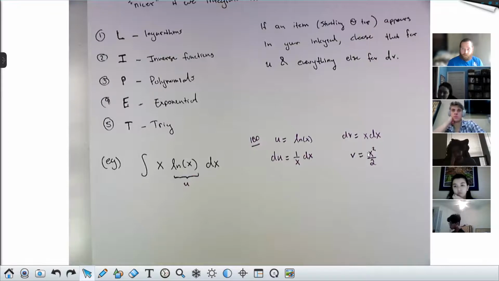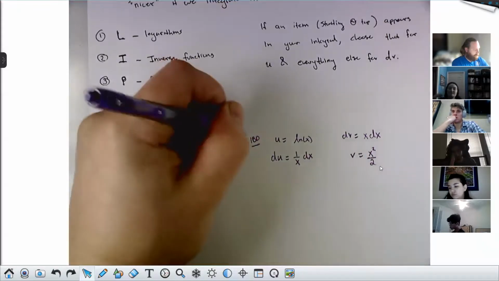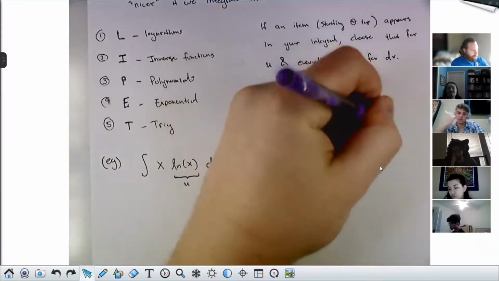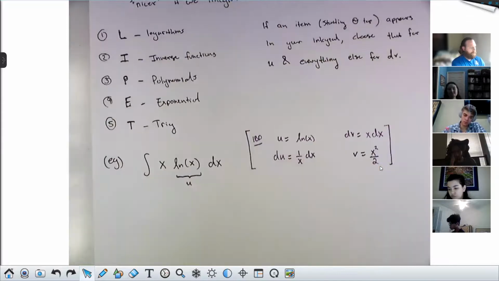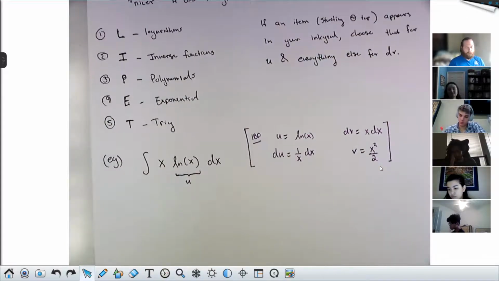And sometimes that is helpful. But the standard way to do it is just to leave off the constant. Okay. So there's the IBP table I get from choosing u according to my LIPET rule as the logarithm, dv as everything else, and then just filling out the rest of the stuff.